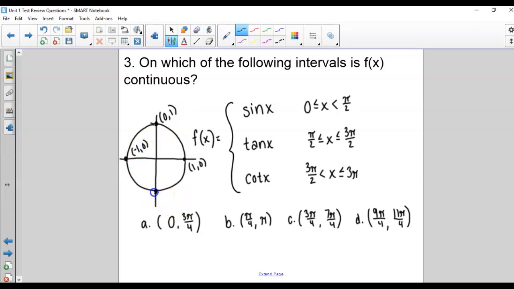And this is the point 0, negative 1. And so for this, first we're looking at sine of pi over 2. So sine of pi over 2 is right here. And sine is our y-coordinate. So sine of pi over 2 would be 1.